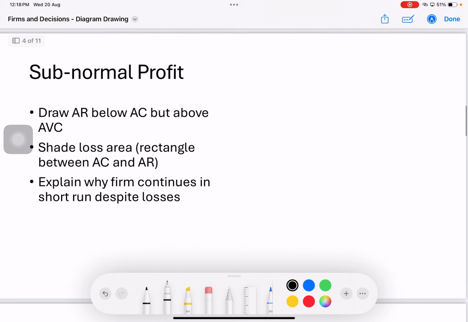Okay? So I have 10 more minutes with you. I just want to cover subnormal profit, shutdown condition, and later on maybe just a merger diagram with you. Okay? So subnormal profit, let us draw together.